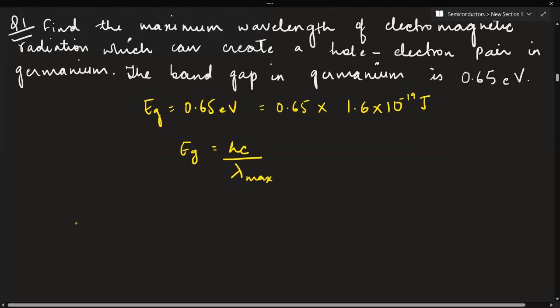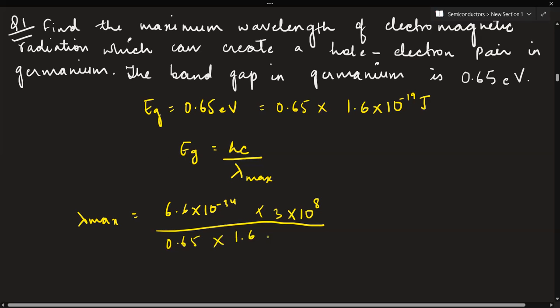So lambda maximum will be hc, that is 6.6 into 10 to the power minus 34 into 3 into 10 to the power 8, divided by the energy gap that is given, 0.65 into 1.6 into 10 to the power minus 19.